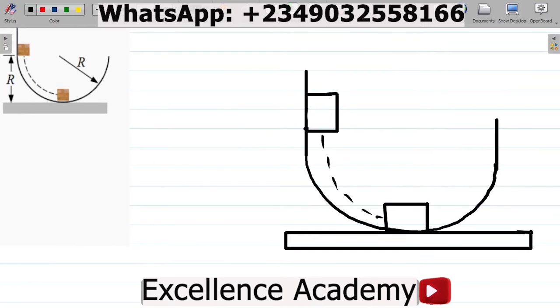Okay, you have R this way here. And again, they said the height from this to the bottom here is also R. So we have this as R.